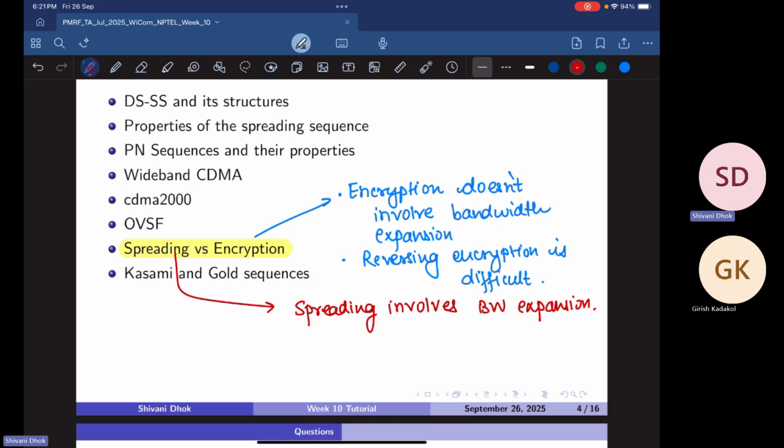Then we looked at the very generic Kasami Gold sequences and their relation with the spread spectrum sequences that we have already looked at.